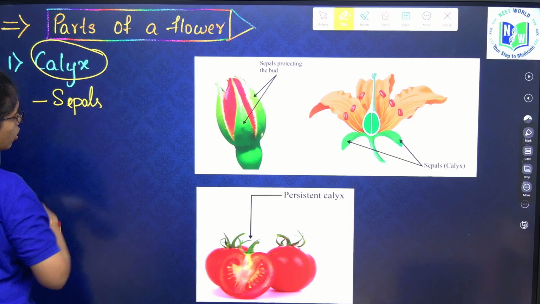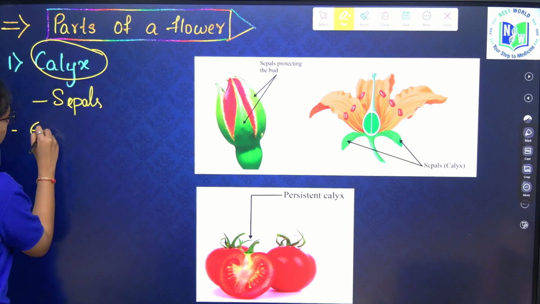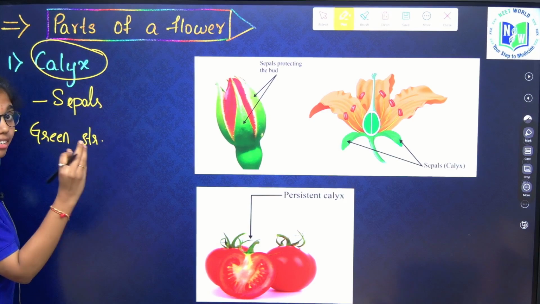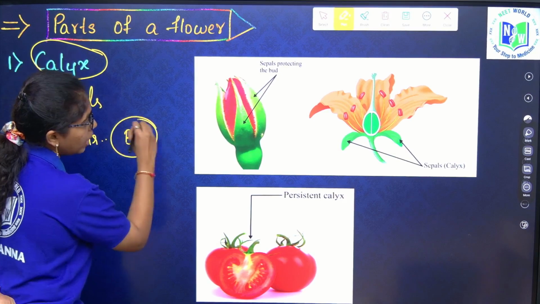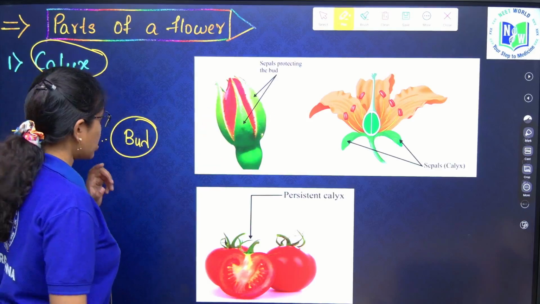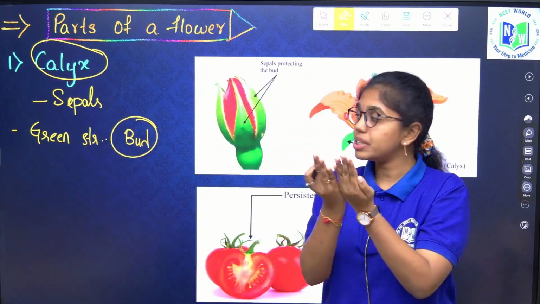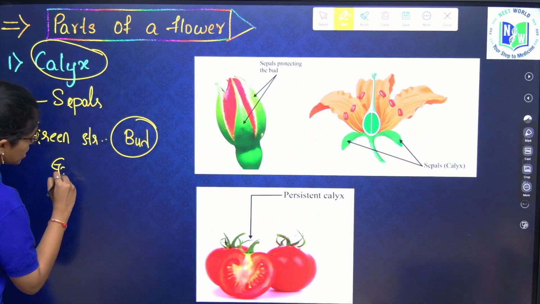Calyx includes sepals. Sepals are green structures which protect the flower in the bud stage. If all the sepals are united, then you will call it gamosepalous.